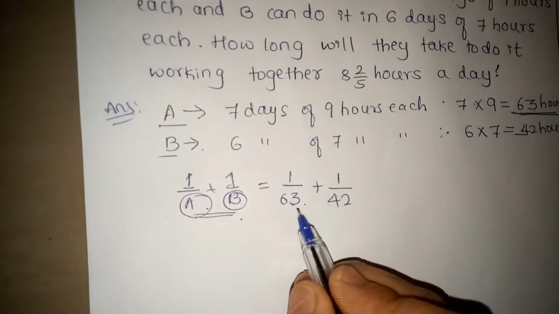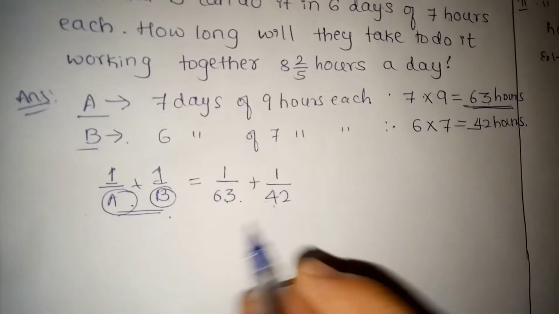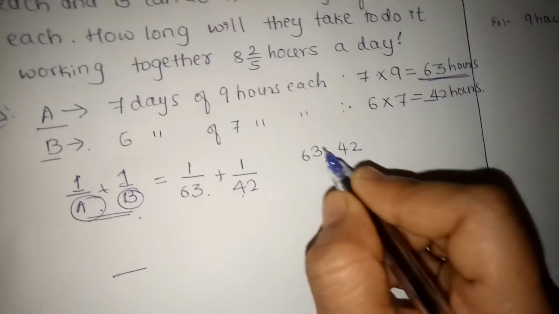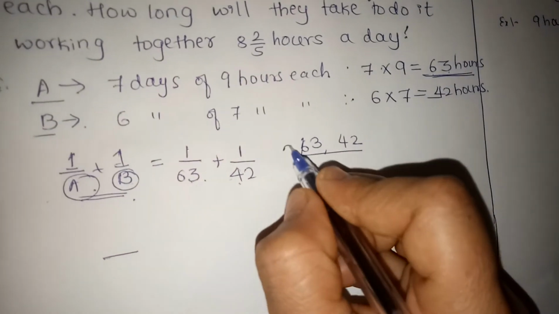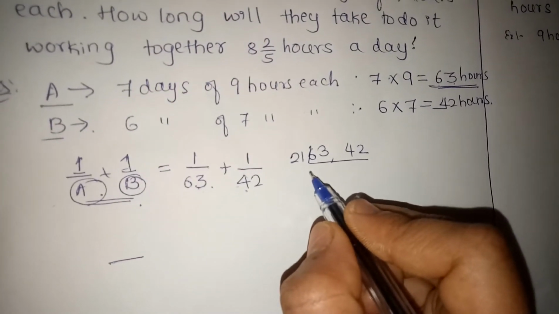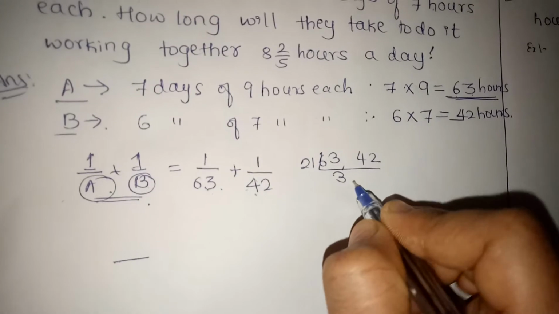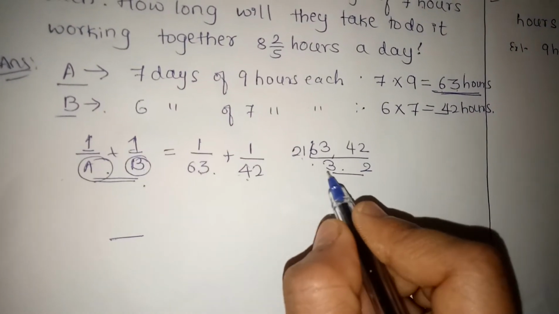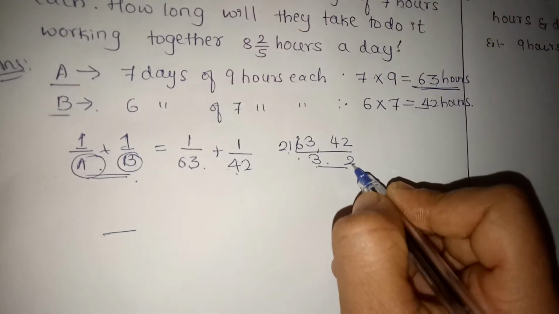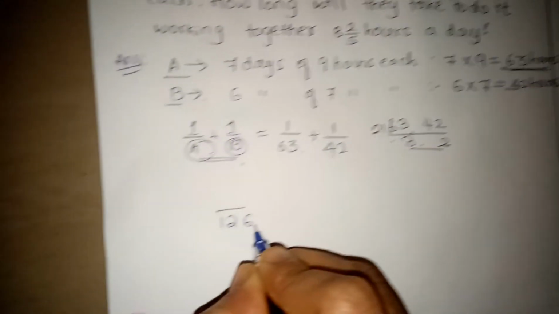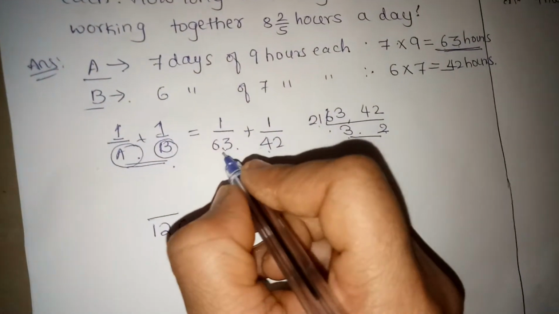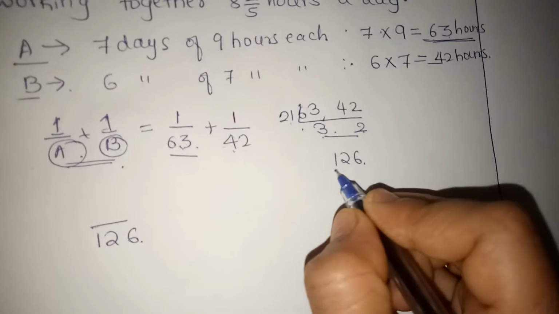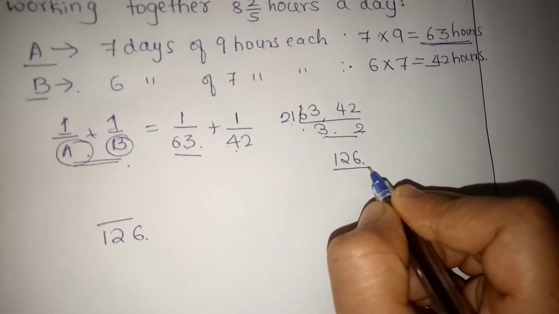Now as we want to add these both, we have to take the LCM of 63 and 42. Both are divided by 21. So 21 threes are 63, 21 twos are 42. Now we cannot divide it again. So 21 threes are 63, into 2 is 126. So 126 is the LCM.